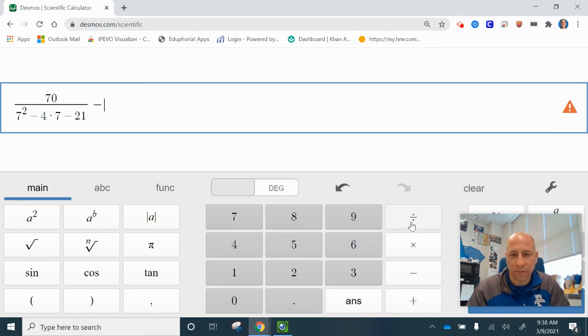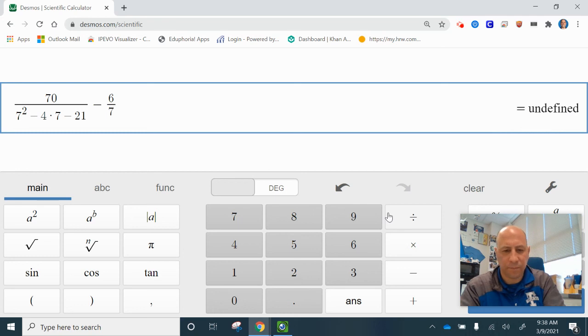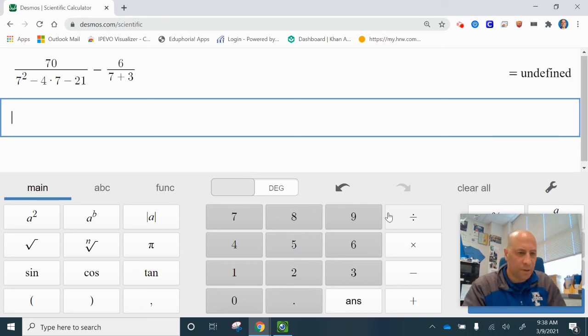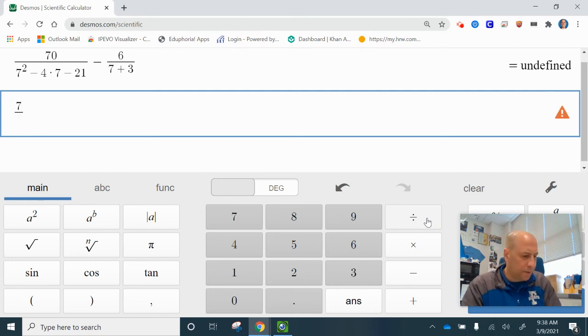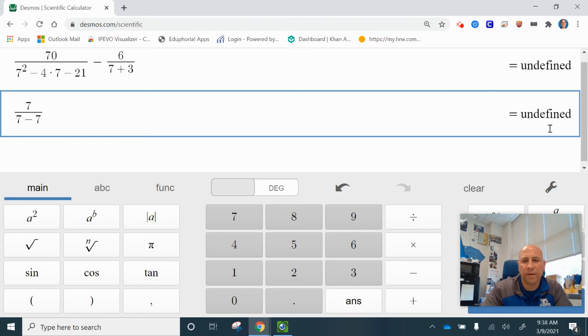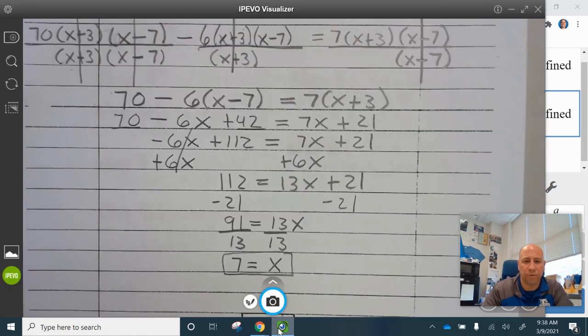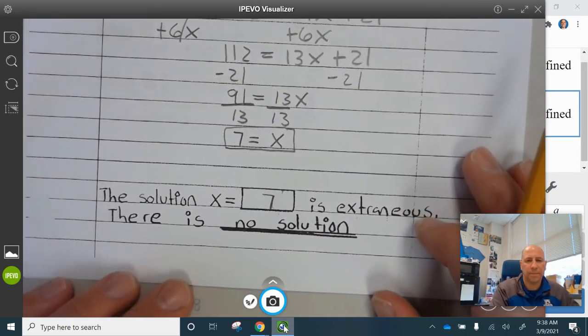Oh, I need to press the division symbol. 6 divided by 7 plus 3. And then division, 7 divided by 7 minus 7. Now, they're technically both undefined, but because they're both undefined, that means 7 is an extraneous solution. Okay?